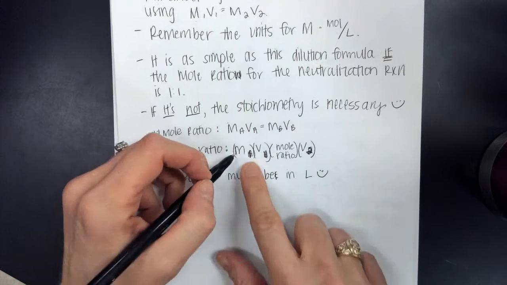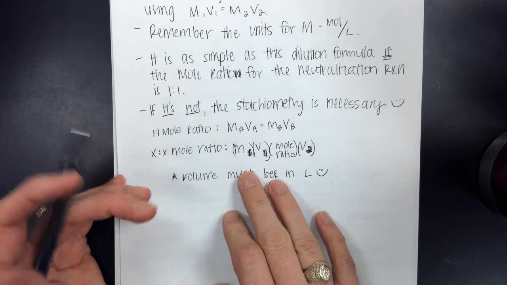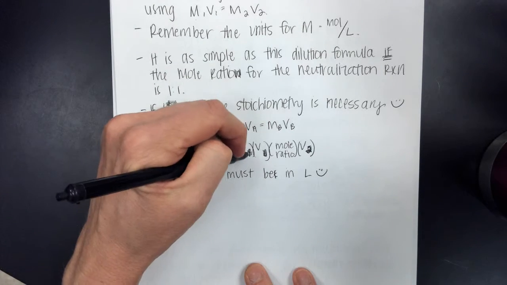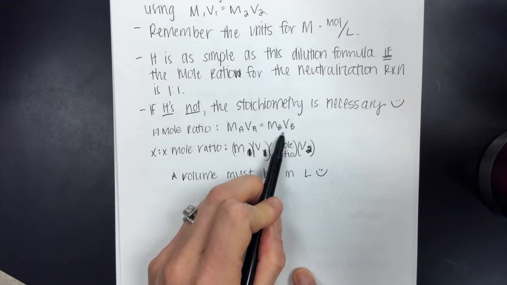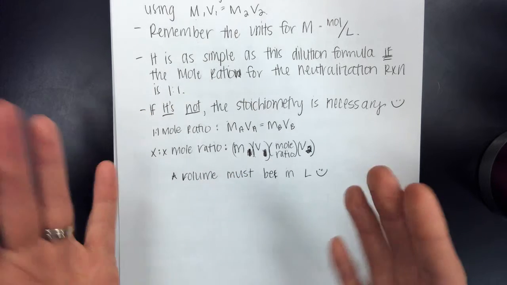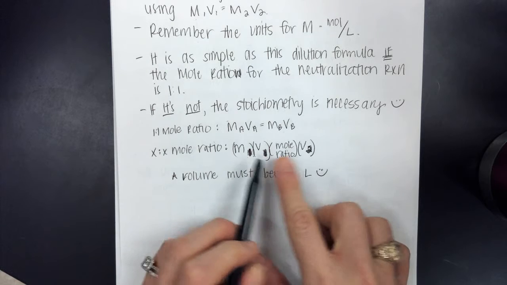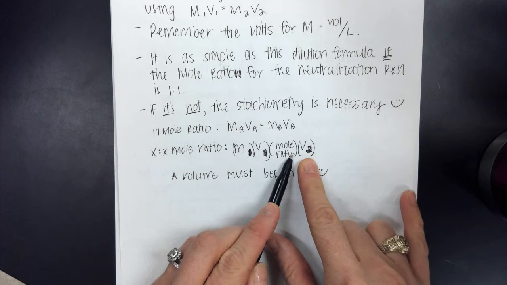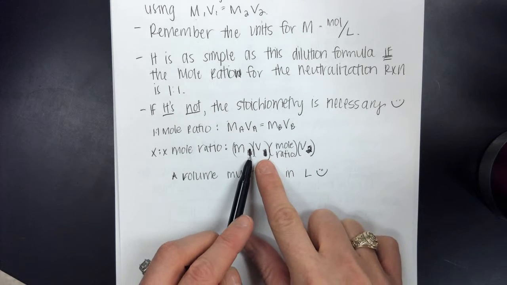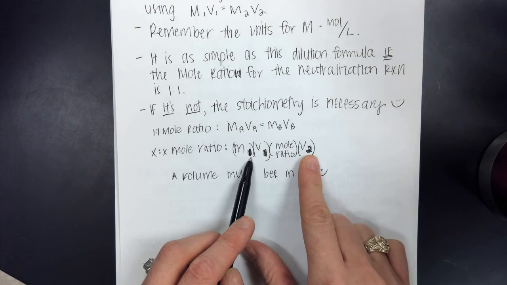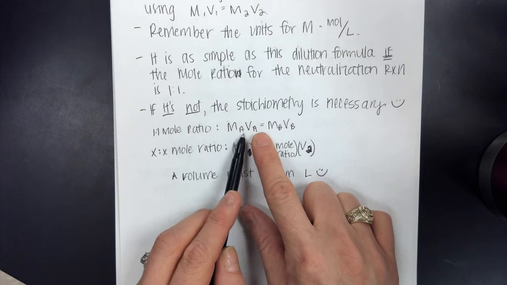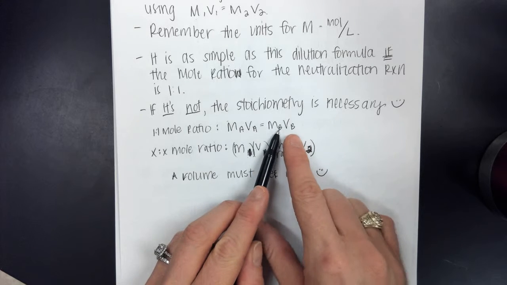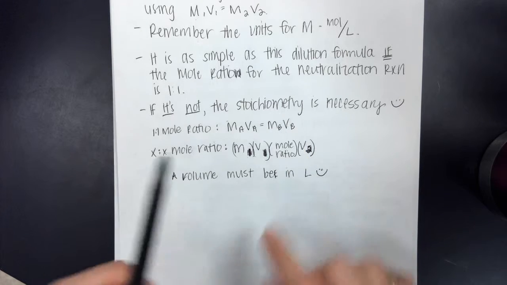Okay, you kind of just have to play it by ear on this, but what I tend to do, and I don't want you to write moles of acid and base on this because sometimes you might be given the base and you're titrating the acid or vice versa. So I'm going to go back to M1V1 and M2V2 for this, but just know for titrations you technically should use MAVA, MBVB for acid and base.